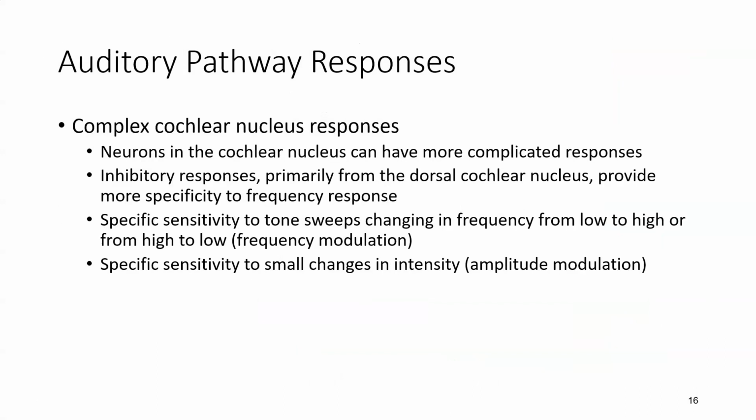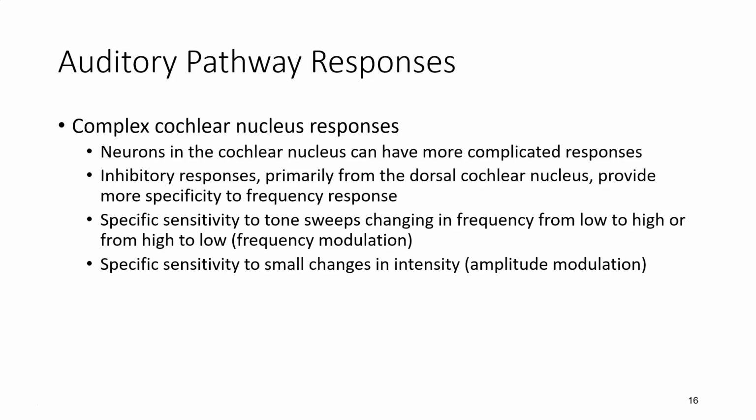There are also more complex cochlear nucleus responses that happen. There are some that produce inhibitory responses, basically firing when the stimulation isn't right for them, so to speak. These come mostly from the dorsal cochlear nucleus, and they help narrow the specificity of the frequency response of the system.